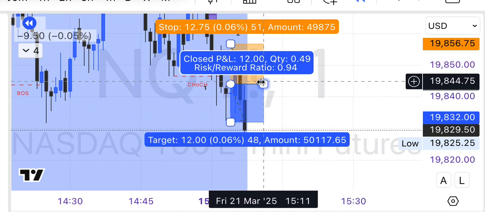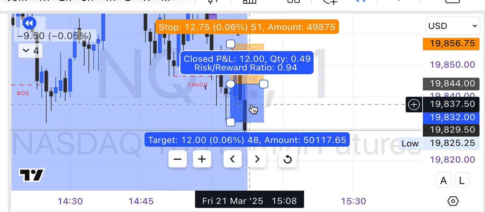Okay, so we got 12 points in the Nasdaq. That translates, if you do the spot Forex market, to 12 pips. If you do the futures market, if you got 2 micro contracts, that's $48 for 2 micro contracts.